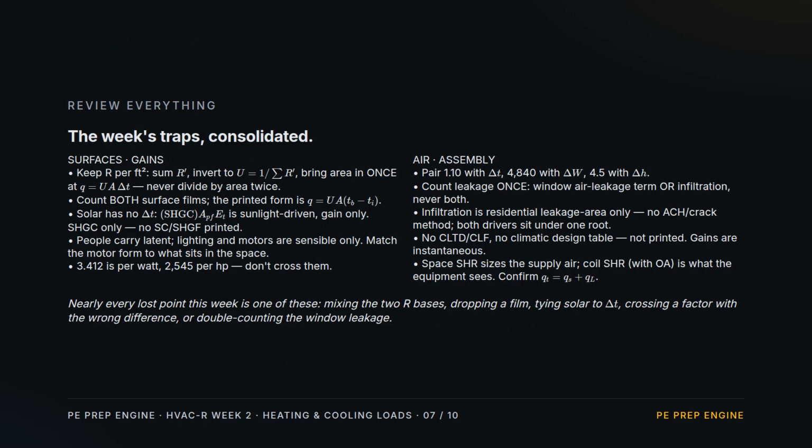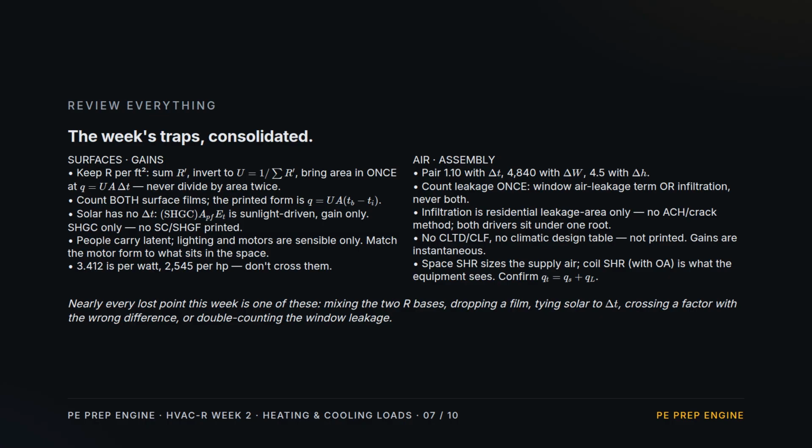The week's traps in 1 screen. On surfaces and gains, keep resistance per square foot and bring area in once. Count both films. Solar has no delta T and gives gain only. Only people carry latent, and 3.412 is per watt, while 2545 is per horsepower. On air and assembly, the factor is 1.1, not 1.08, each paired with its own difference.